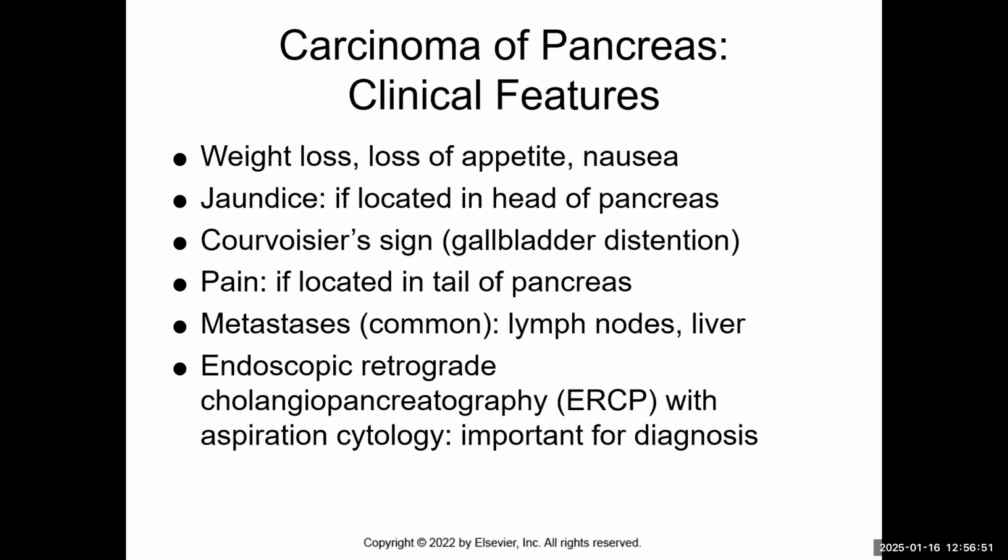Courvoisier sign, it's distension of the gallbladder. We can also see that. You're more likely to have more pain if it's in the tail of the pancreas. Again, I mentioned before, metastases is common, usually the lymph nodes and liver. And then the test we would do is ERCP, and it's very important with the diagnosis.